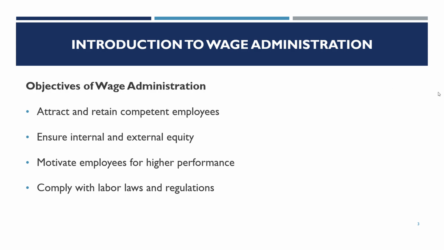Now, what are the objectives of wage administration? Some primary objectives are mentioned here. The first, to attract and retain talent. Without a competitive and fair wage system, companies lose employees to better paying competitors.